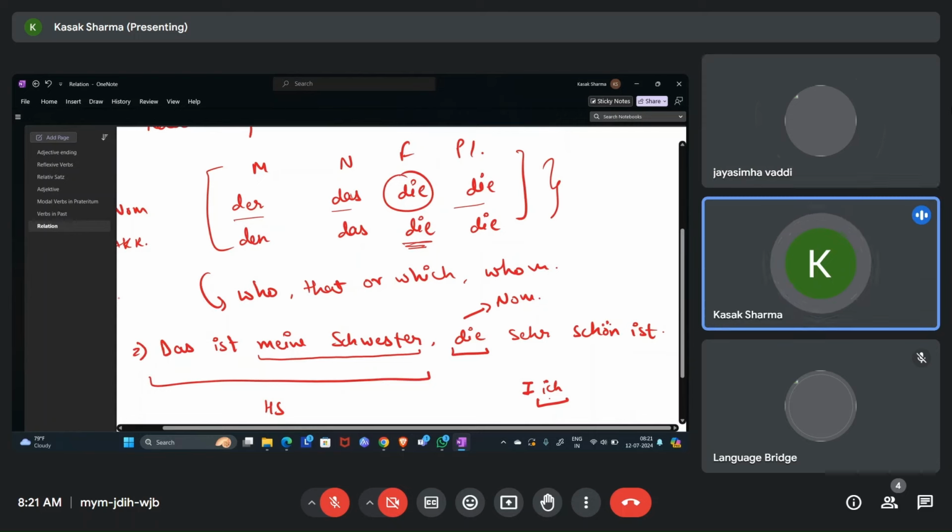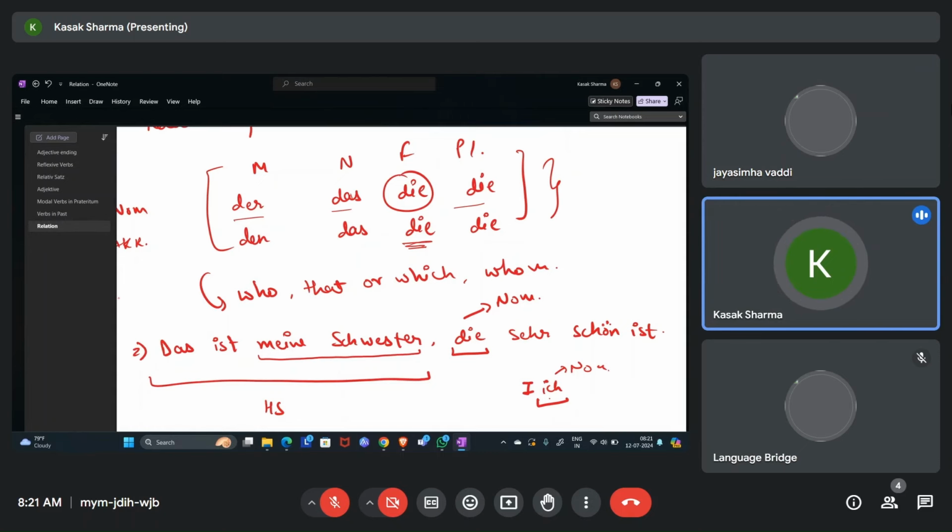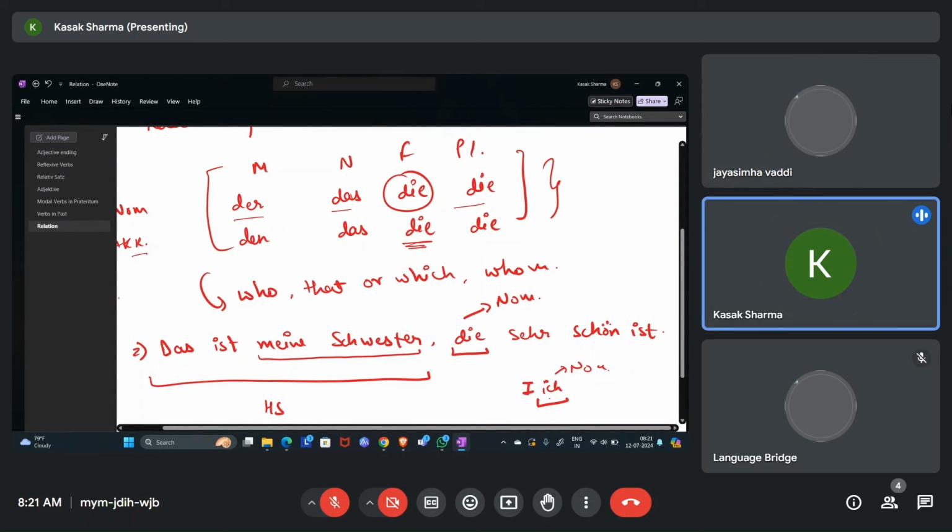Because ich is already present in nominative case. Two nominatives or two accusatives or two datives cannot be present in one sentence at one time. So if a nominative subject is already present, the relative pronoun will be in accusative, and that accusative will depend on the verb.